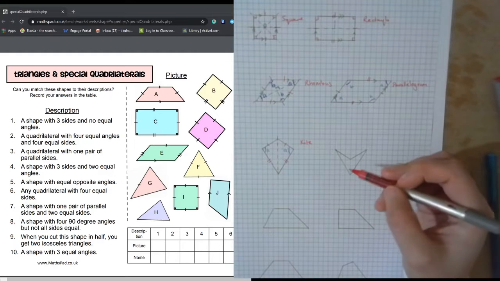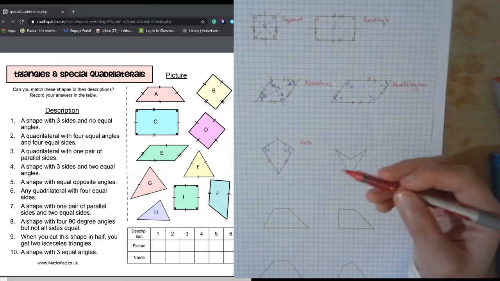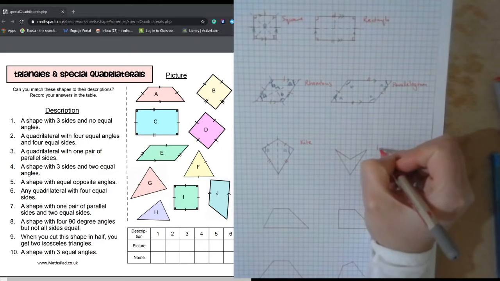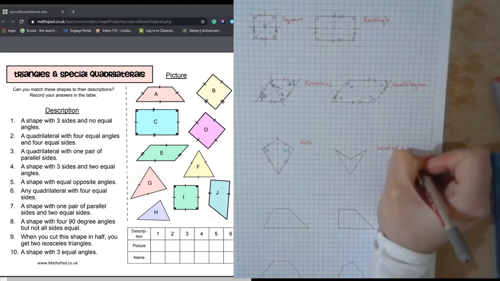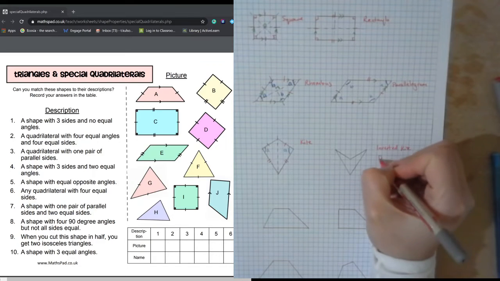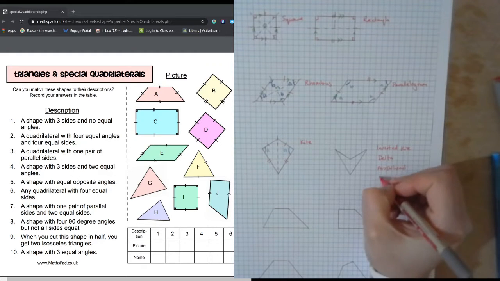Okay, this one is a very interesting shape because there are several different names that people know it by. So sometimes it's called an inverted kite, which might give you big hints as to what properties this has. A delta, arrowhead, or a chevron.